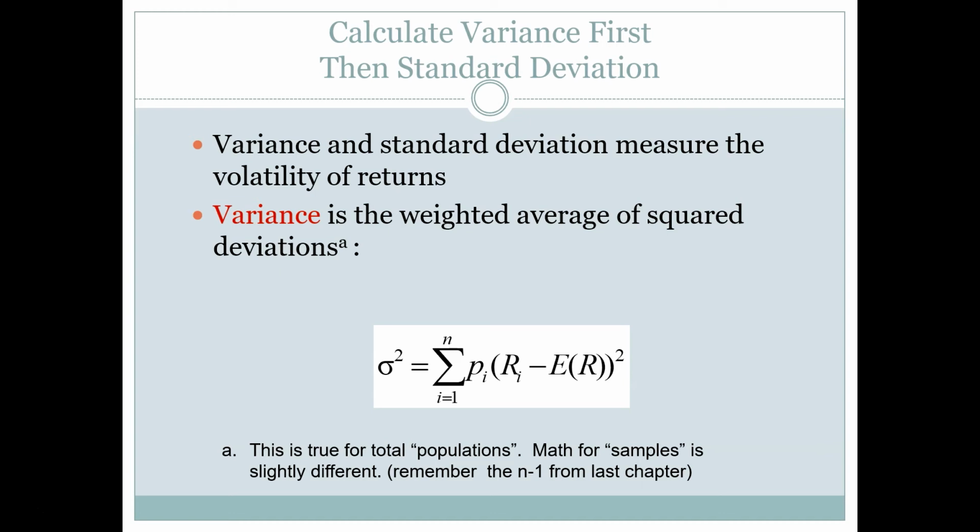So this says the sigma squared, which is our term for the variance, is equal to the sum of the probability of each outcome times the difference between the actual outcome, that's R, and the expected outcome, that's the expected return, squared, right? So again, what we're interested in is how do all of the potential outcomes differ from what we expect? Because that's what risk is, okay?